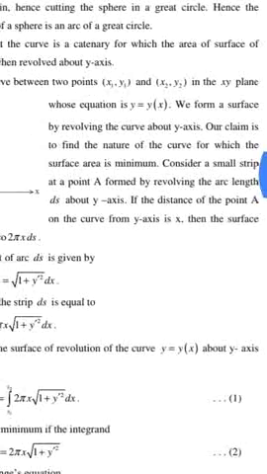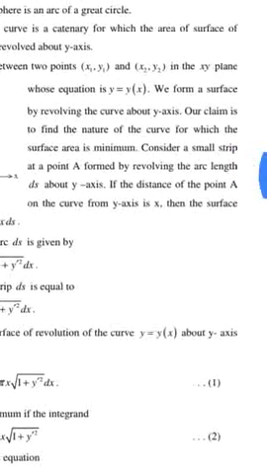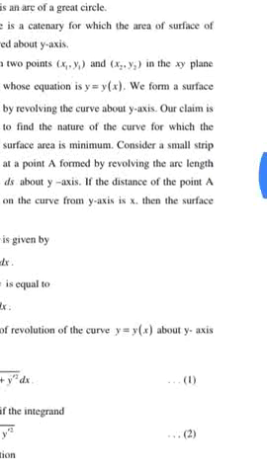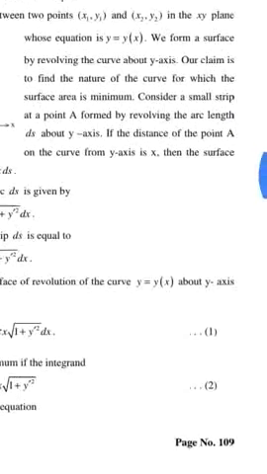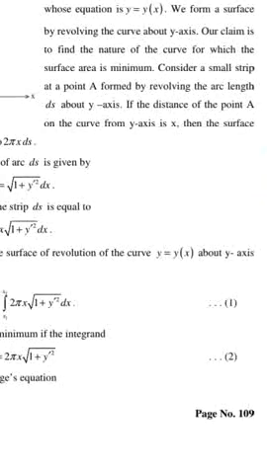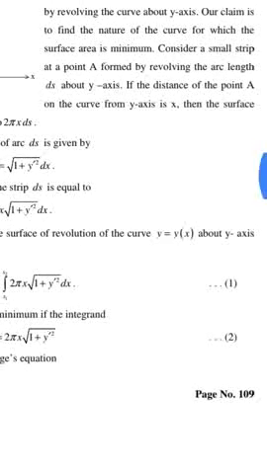We form a surface by revolving the curve about the y-axis. Our aim is to find the nature of the curve for which the surface area is minimum.